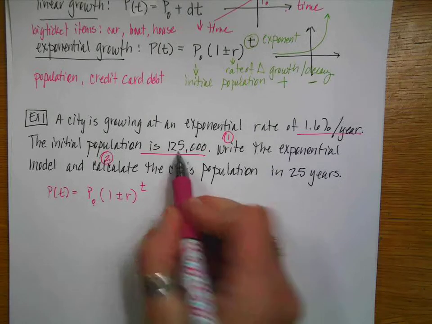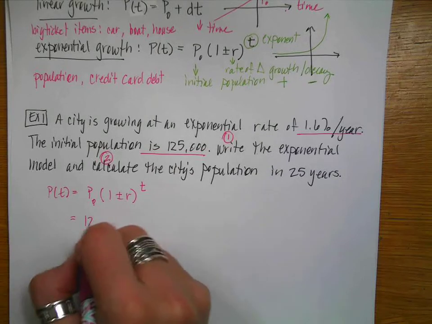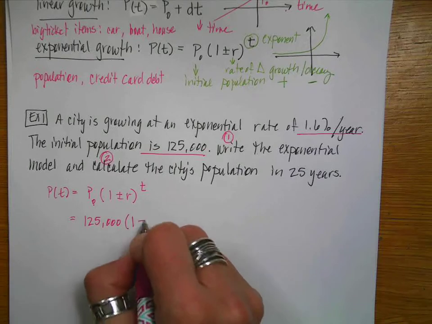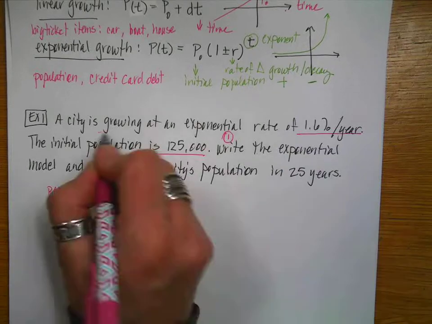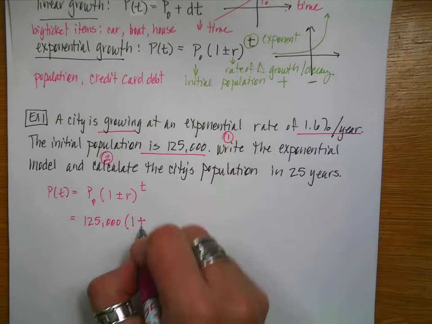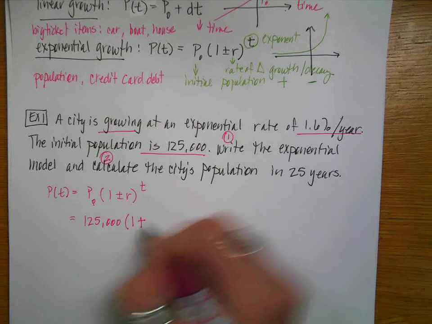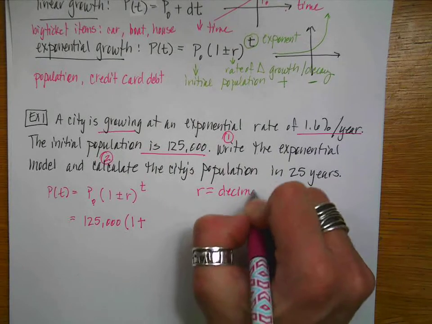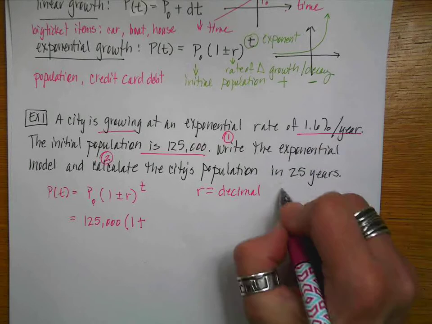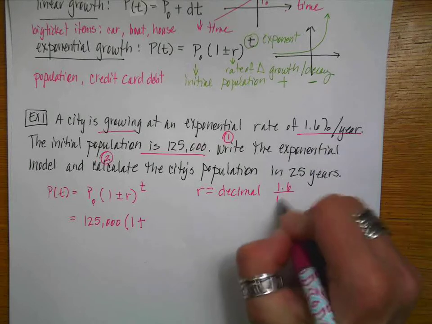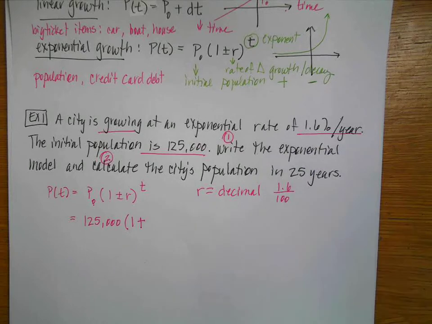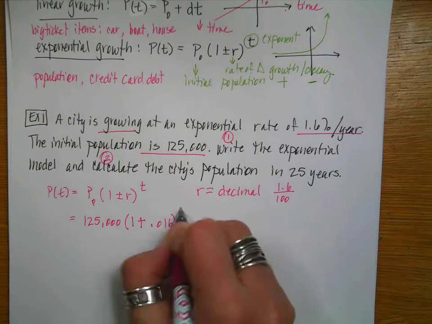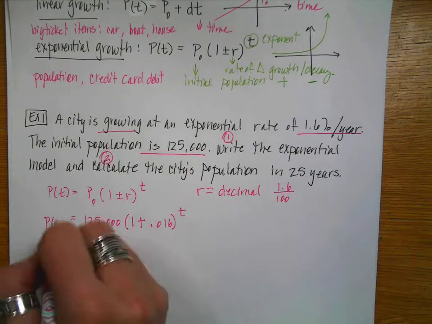So our initial population was 125,000, so I'm going to write 125,000, and then 1. It says that we are growing, so that means this is going to be plus. And when we write our r, it's always going to be in decimal form. And remember, if it's a percent, that means I'm going to take that value and divide by 100. So this is going to be 0.016 and then raised to the t.